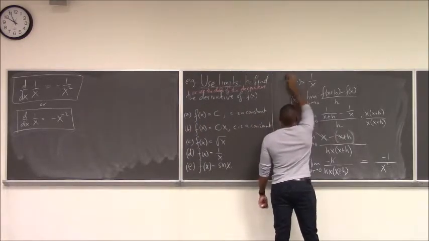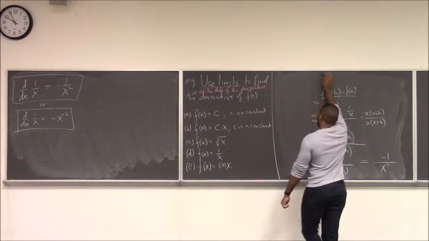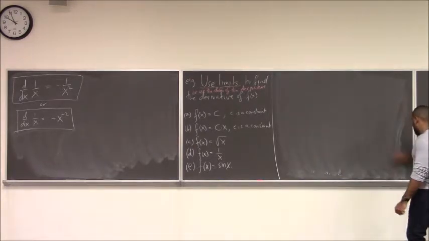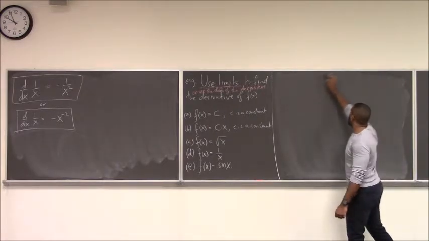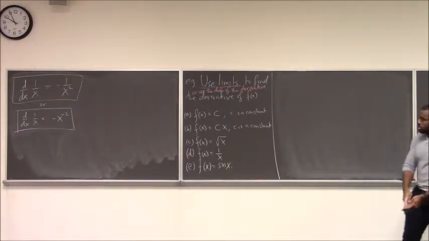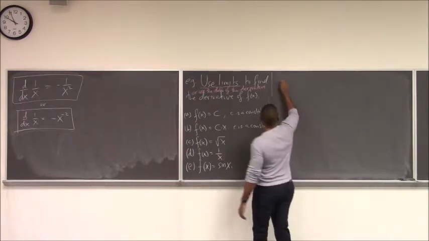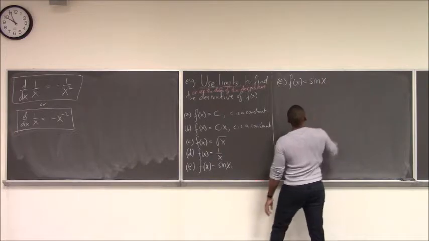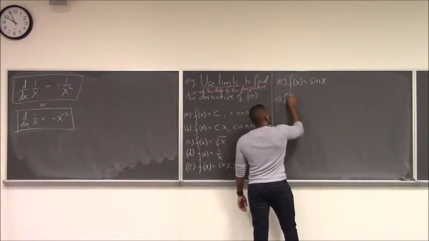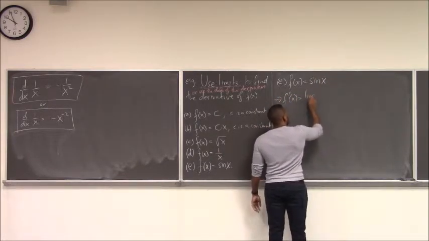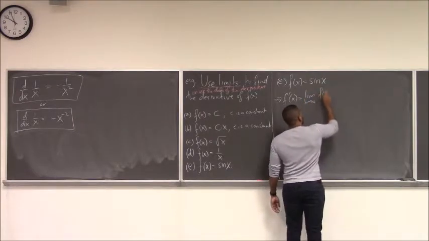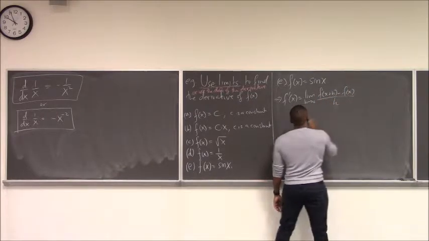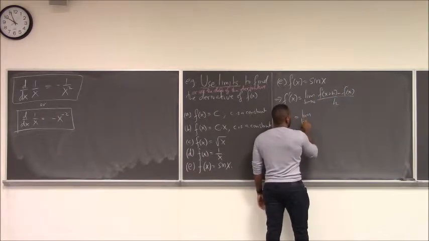Let's look at sine. Again, f prime of x is going to be the limit as h approaches 0 of f of x plus h minus f of x over h.